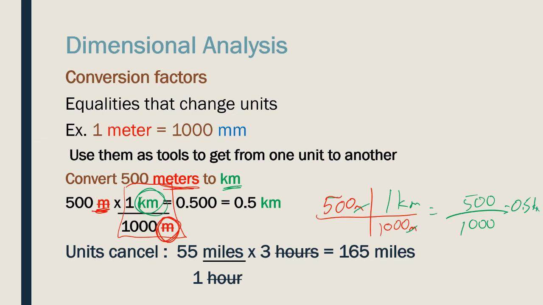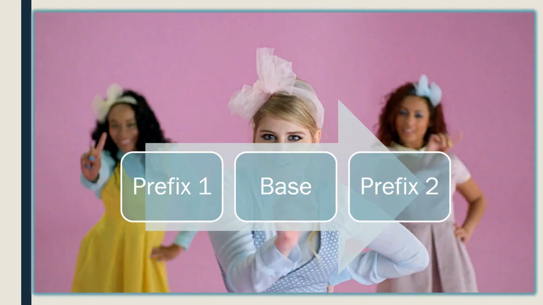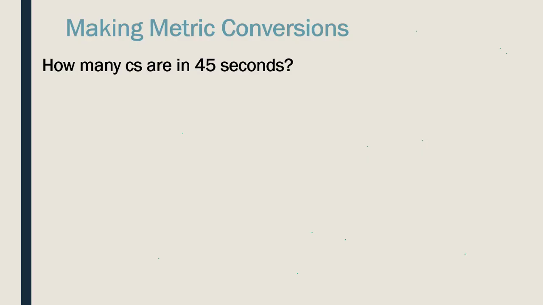So this is how it's helpful to understand for chemistry to do this. So this is just like if I say you've been traveling for 3 hours at 55 miles an hour, how you figure out how many miles you went. All right. So the base unit is important to do all this. There we go, kids. We got to do the base as sort of like a landing spot. It's kind of helpful.